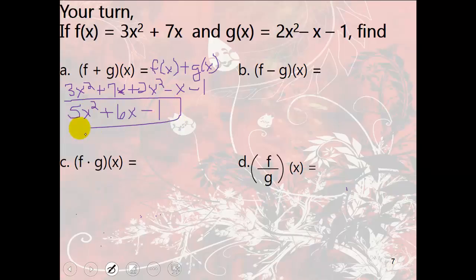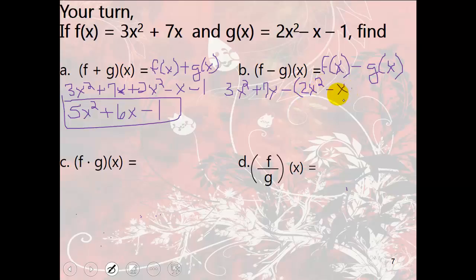Lost my place here. Now I'm going to subtract these two. So I get f of x minus g of x. Don't forget to distribute the negative across the whole second polynomial. So I'm going to get 3x squared plus 7x minus 2x squared minus x minus 1. This gives me 3x squared plus 7x minus 2x squared plus x plus 1.